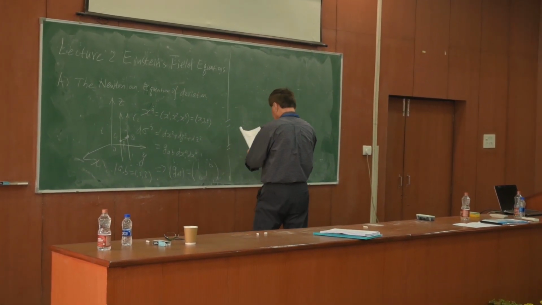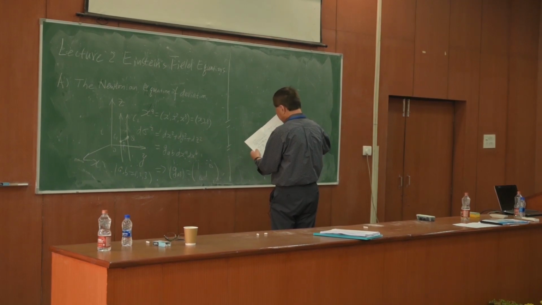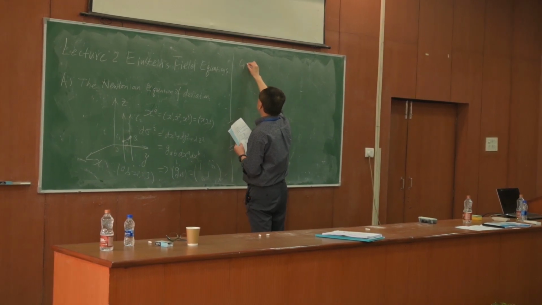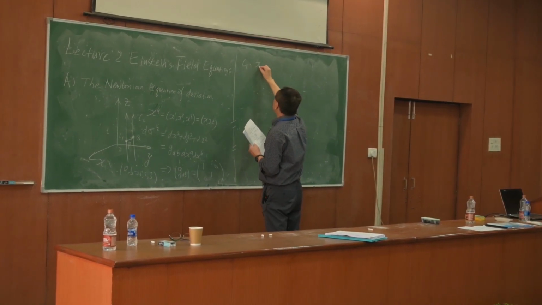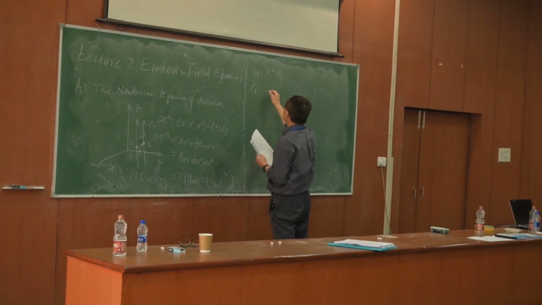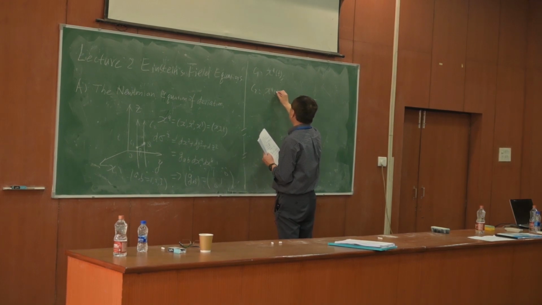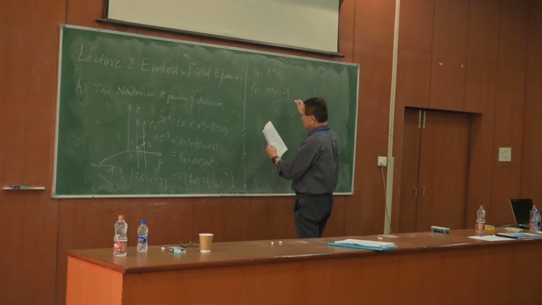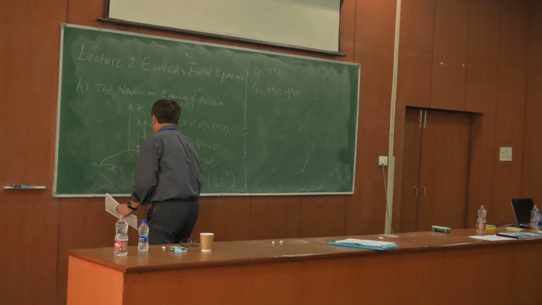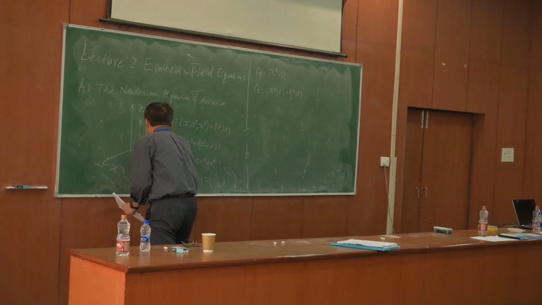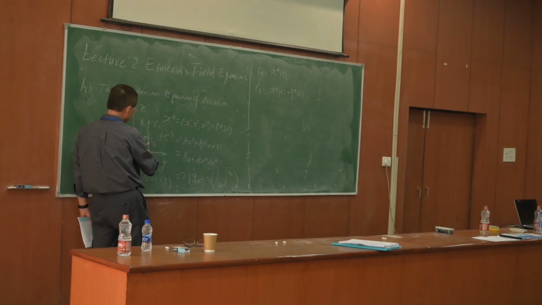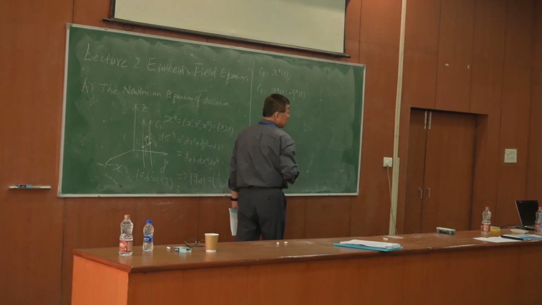So we are assuming C1 is x^a(t) and C2 is x^a(t) plus η^a(t). Here I call this η. Of course, this also depends on time t, because this is at the same time, as you can see.